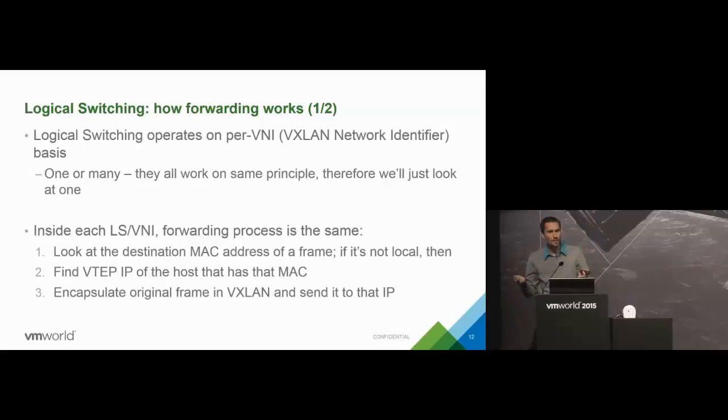If it's not local, then I need to find where that MAC belongs. To do that, it will need to find the VTAP IP address for the host where that MAC address lives. Once you've found it, it will encapsulate that frame into a VXLAN header, put it into an IP packet, and send it to your physical network, and then it will make its way to its destination.